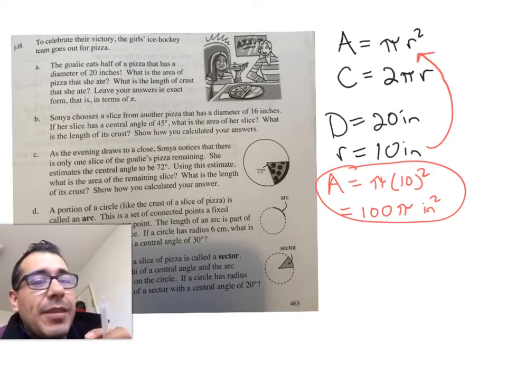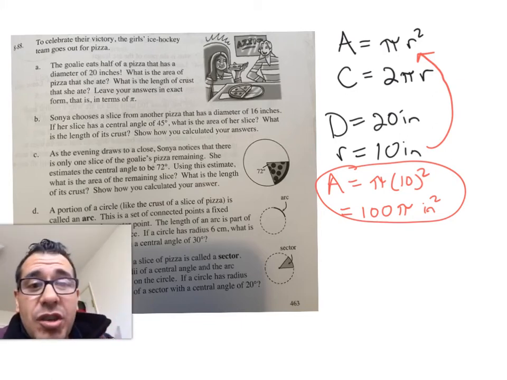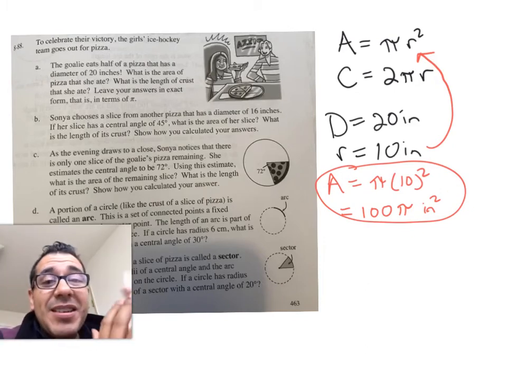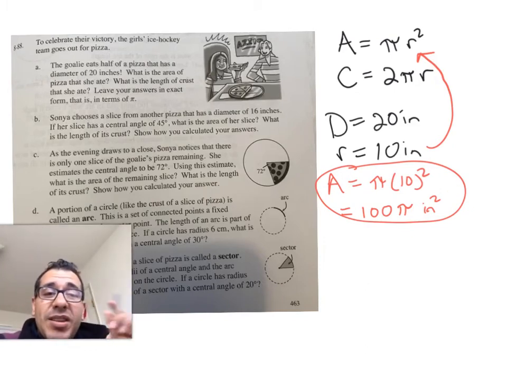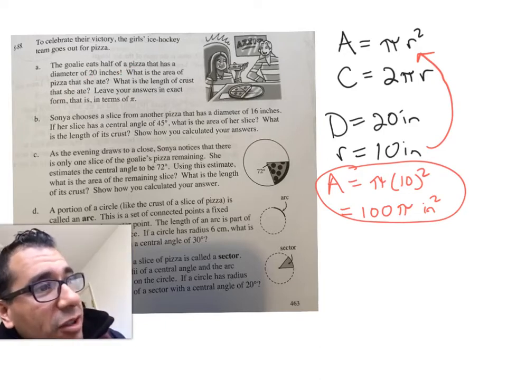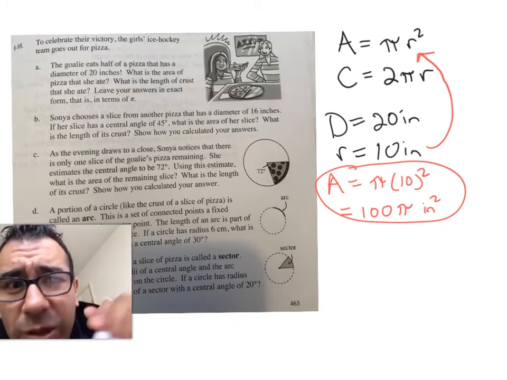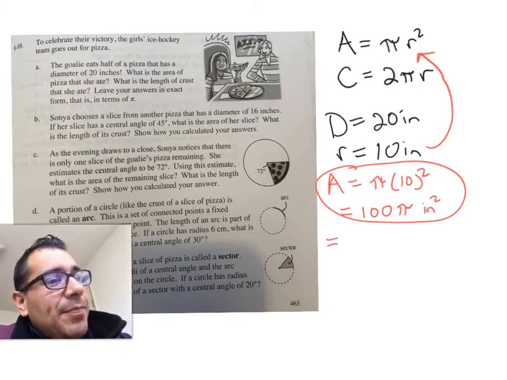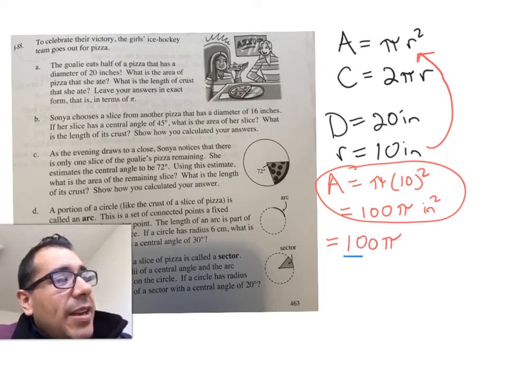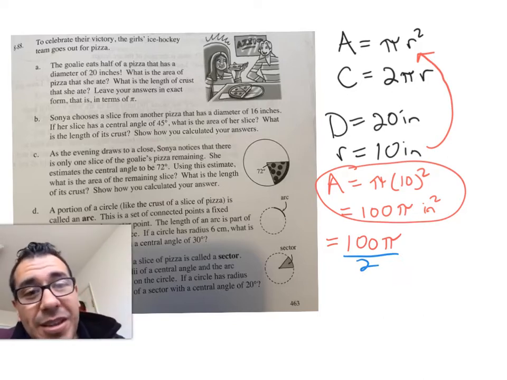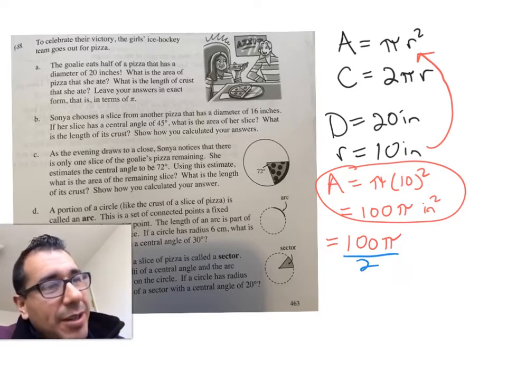All right. So that brings a huge point, because this is the area of the entire pizza. But did she eat the whole pizza? Let's read. She eats half of the pizza. So what do I have to do with this area? Because you thought we were done. So we're going to take that area of 100 pi, and we're going to divide it by 2. So always make sure that you understand the problem, because it can get tricky, right?